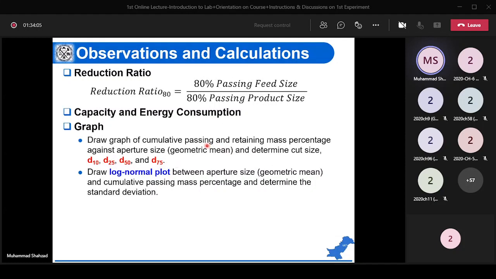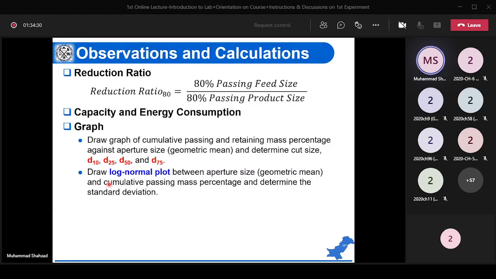Plotting the first graph will carry 3% of the lab report of that experiment, and then finding the values of these parameters will carry 2%, right? So you need to do both things simultaneously.